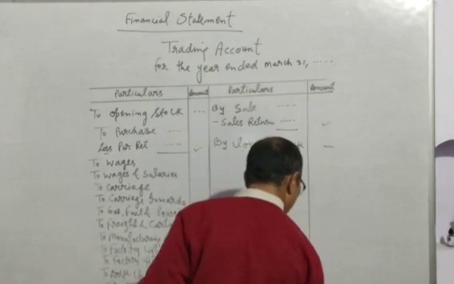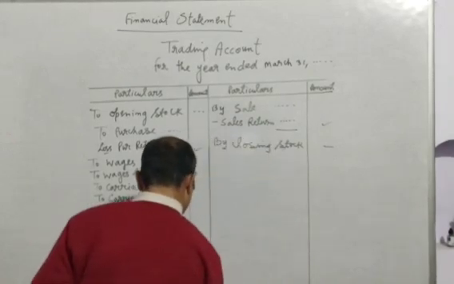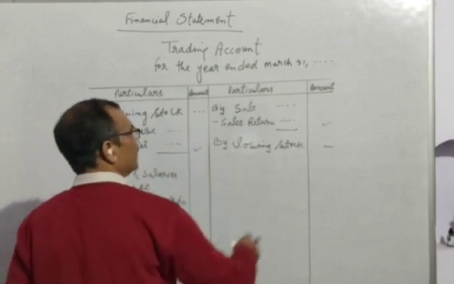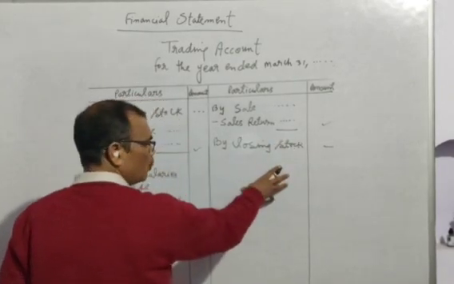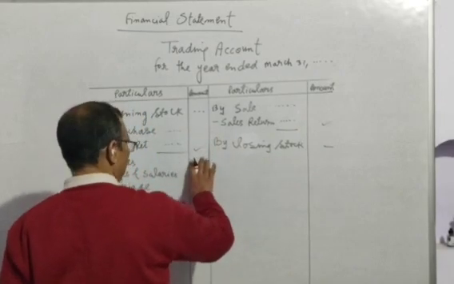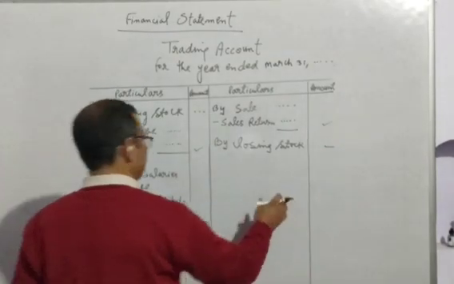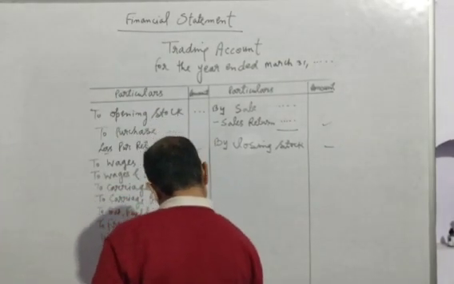Whichever total is bigger will be written on both sides. If the credit side's total is bigger than the debit side's total, the debit total will be deducted from the credit total, and we will find one amount.